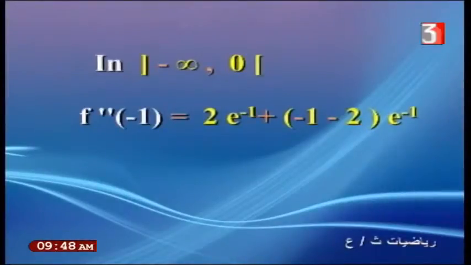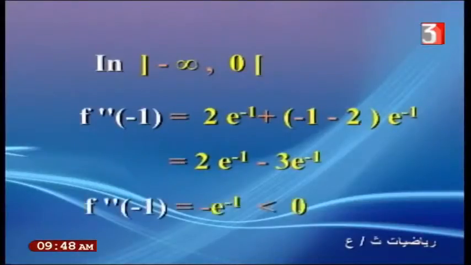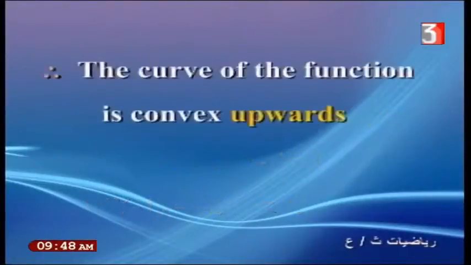Then f double dash negative 1 equals 2 multiplied by e to the power negative 1 plus (negative 1 minus 2) multiplied by e to the power negative 1, which equals 2e power negative 1 minus 3e power negative 1, which equals negative e to the power negative 1. Then f double dash negative 1 is a negative value, smaller than 0. Then the curve of the function in this interval is convex upwards.